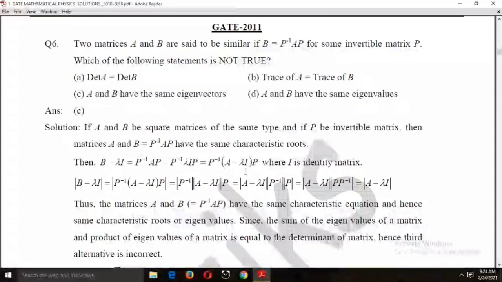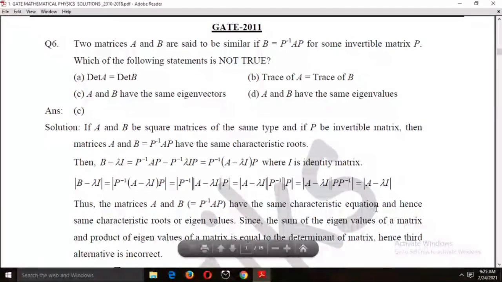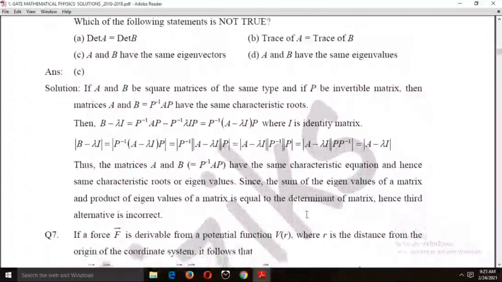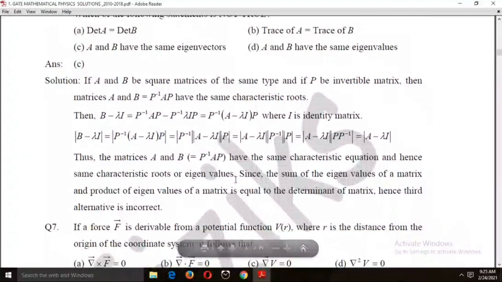Taking P inverse common, P inverse (A minus lambda I)P, where I is the identity matrix, equals mod of P inverse, mod of A minus lambda I, mod of P, and P inverse P equals identity, so A minus lambda I. So here we look that mod of B minus lambda I equals mod of A minus lambda I. Thus the matrices A and B have the same characteristic equations and hence the same characteristic roots or eigenvalues.